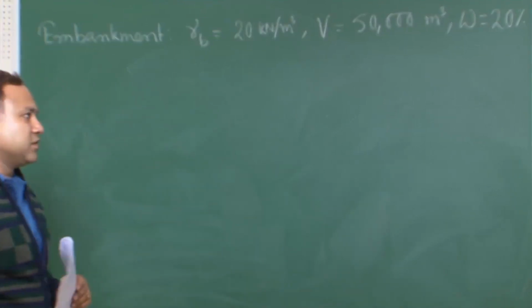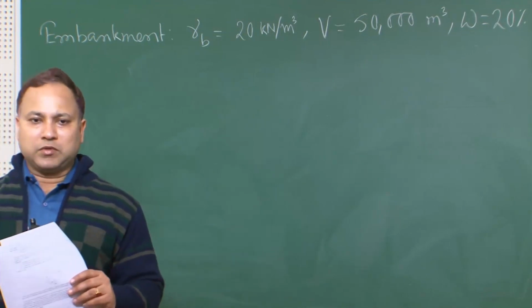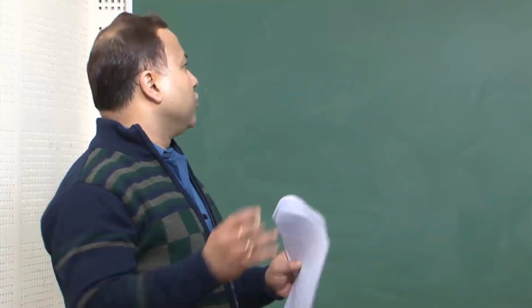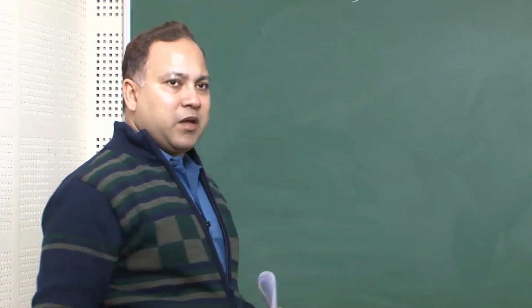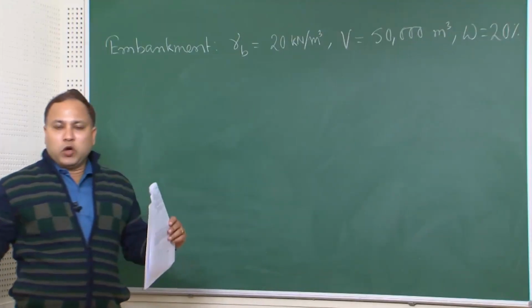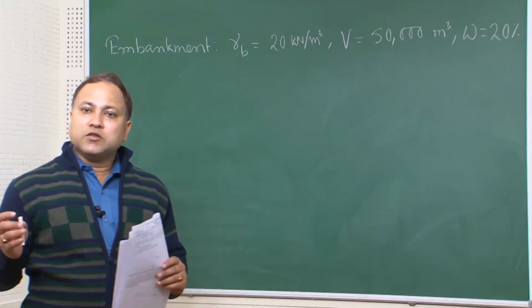Okay. So, these are the things given for the embankment construction. So, after construction of the embankment, it takes those parameters, that is the bulk unit weight is 20 kilonewton per cubic meter, the total volume of soil is 50,000 cubic meter, whereas the water content is 20%.